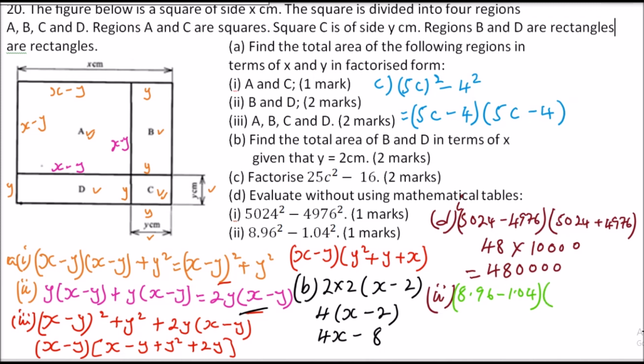Then we have 8.96 and we add 1.04. So when you work that out, this will give you 7.92. You multiply by 10, and when you multiply that it will give you 79.2. So that is how you work out that question, and you get yourself 10 marks.